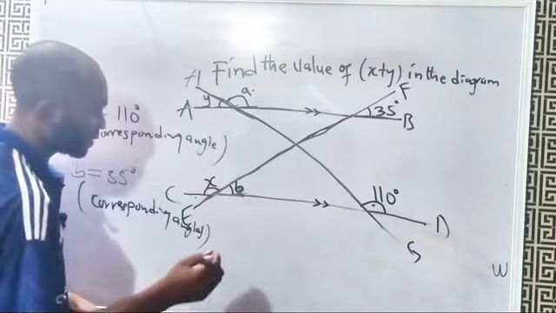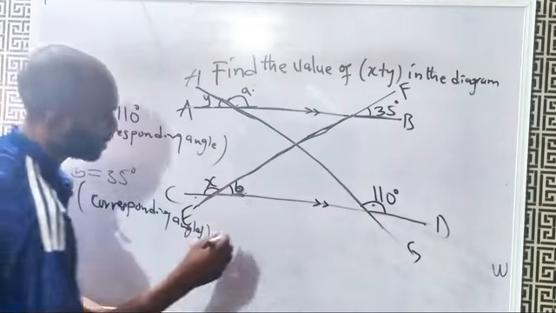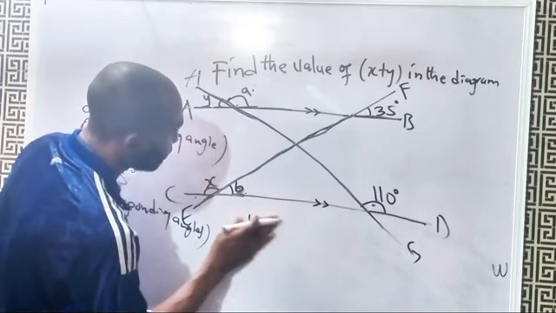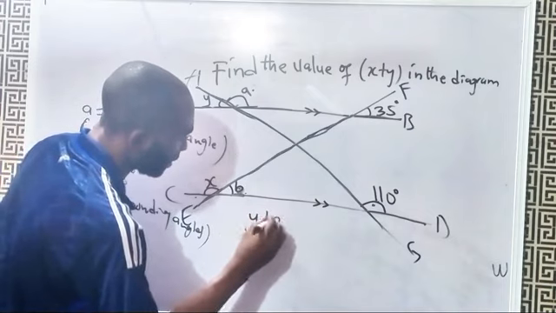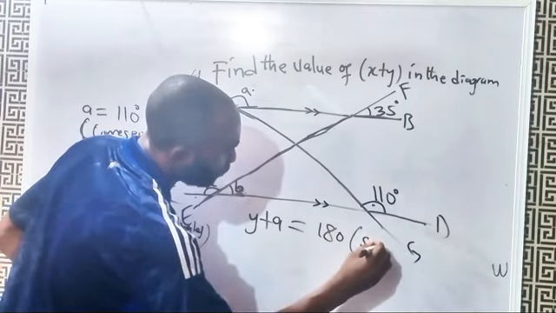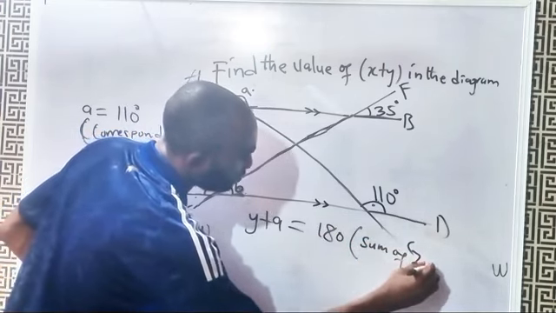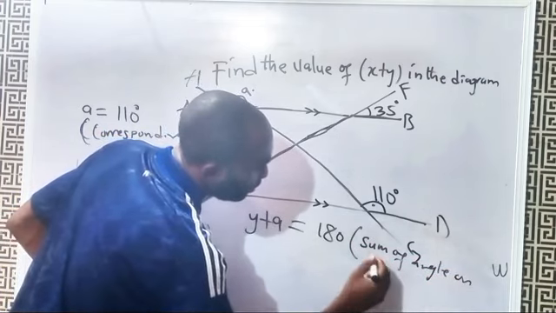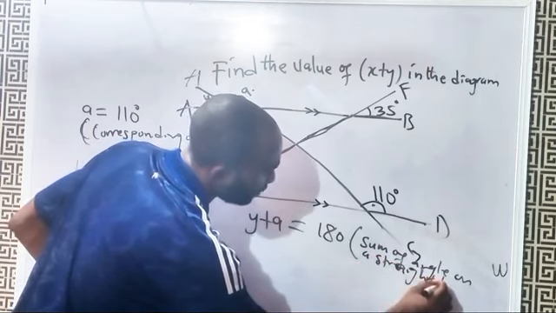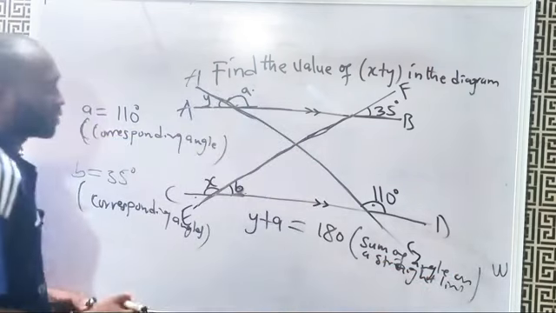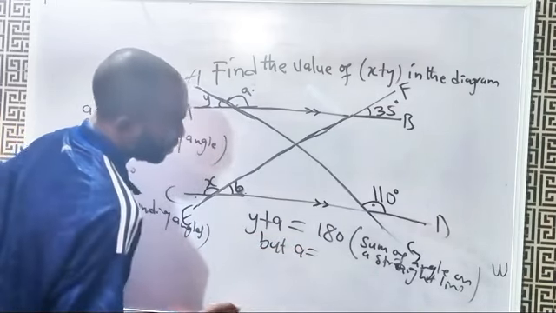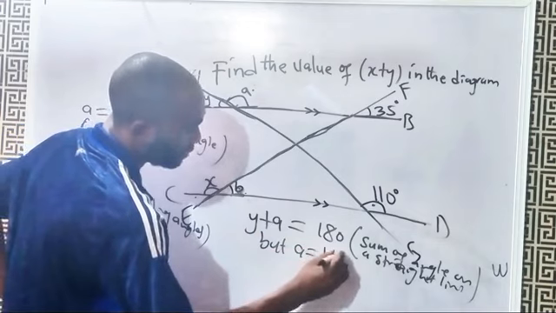So the sum of y plus A is equal to 180 degrees. The reason is the sum of angles on a straight line. But remember, A was found to be 110 degrees.